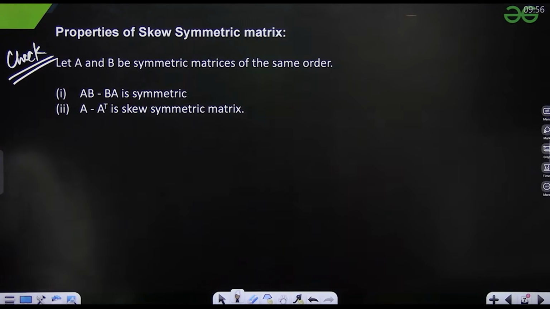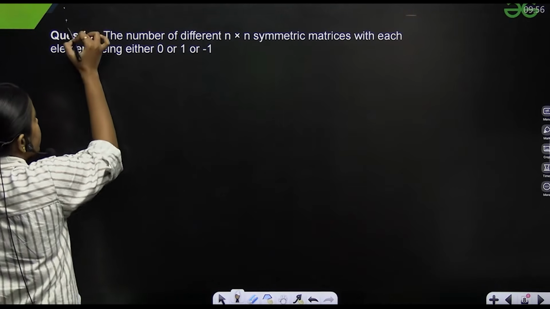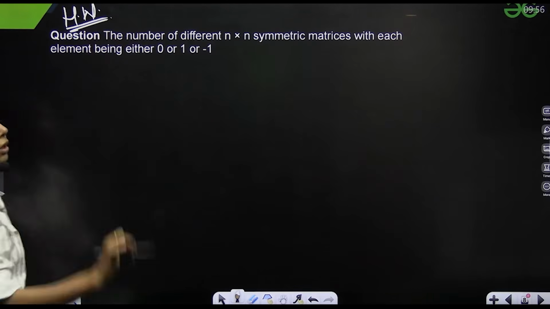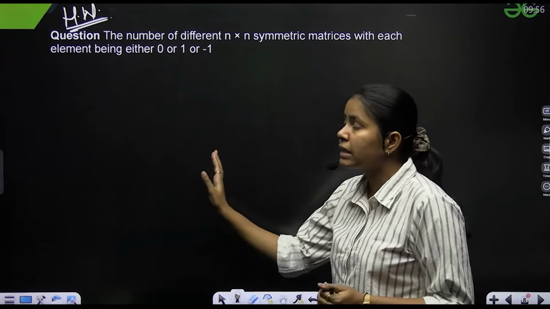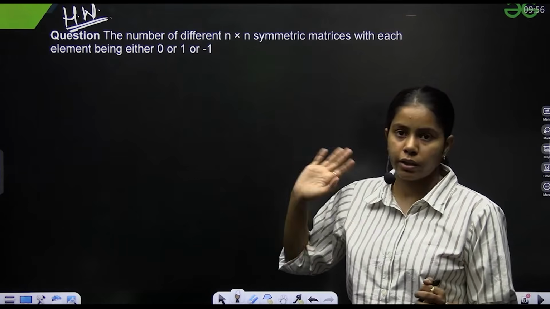So we have another question. You are going to solve it by yourself and let me know the answer in the comment section. Everyone let me know the solution for this question. And why am I not solving this? Because this is a question similar to what we have solved, and using that, I have made this question.